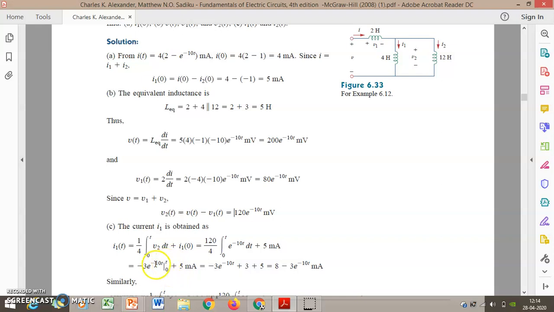When you apply t, it becomes the same. When you apply 0, this becomes e power 0, which is equal to 1, so minus 3. Minus of minus will become plus. So this is the upper limit value, this is the lower limit value, and the 5 which is already there, so it becomes 8 minus 3 e power minus 10t milliamps.